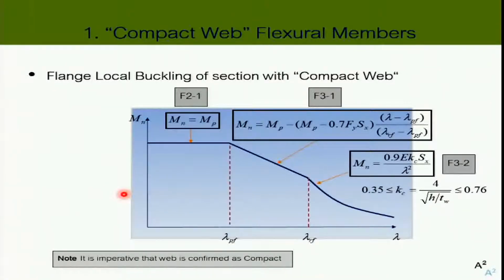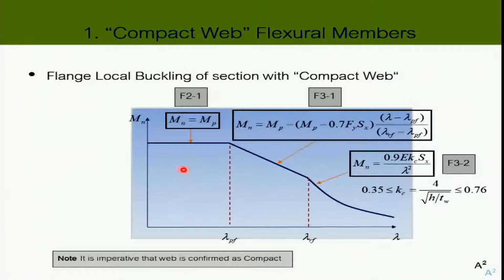This means you have to clarify first that your web is compact. Okay? Here's a note that says it is imperative. It means urgent and important. So it is imperative that the web is confirmed as compact. And when you have the compact web, the next thing you need to do is to check your flange.